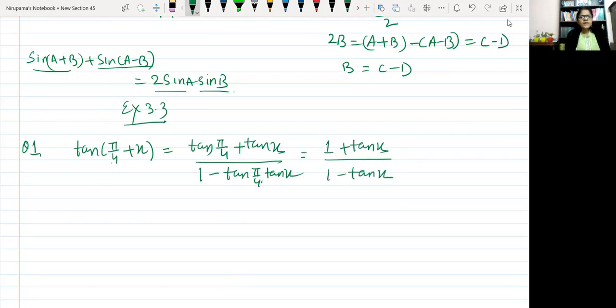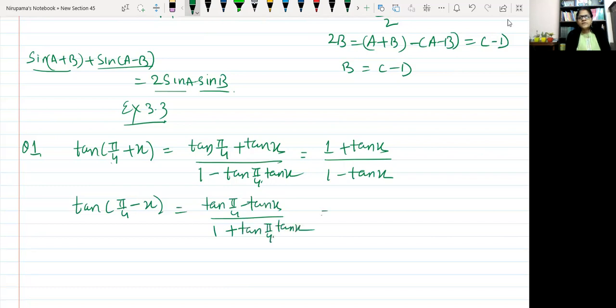Similarly, whenever you write tan(pi/4 - x), it will be what? tan pi/4 minus tan x divided by 1 plus tan pi/4 into tan x.